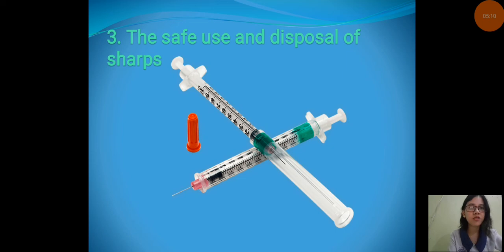The safety devices on needles and other sharps should be activated immediately after use. Remember, used needles should be discarded immediately after use and not recapped, bent, cut, removed from the syringe or tube holder, or otherwise manipulated. It is not allowed.